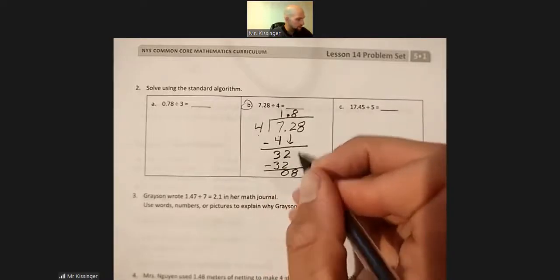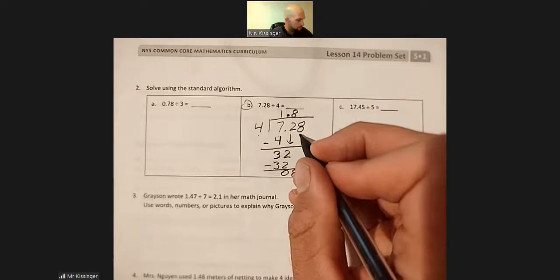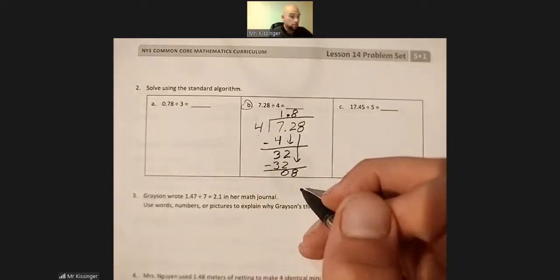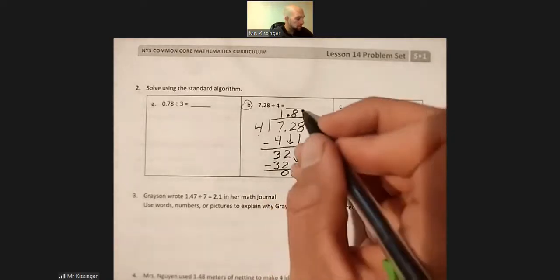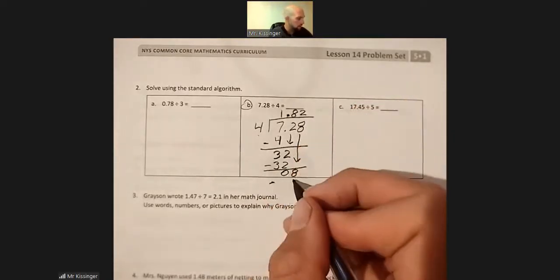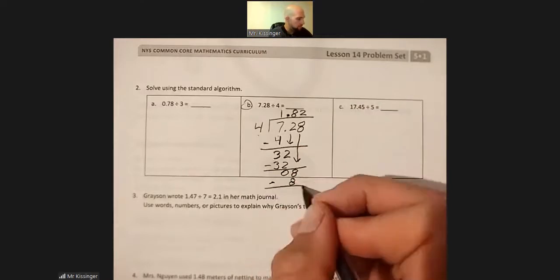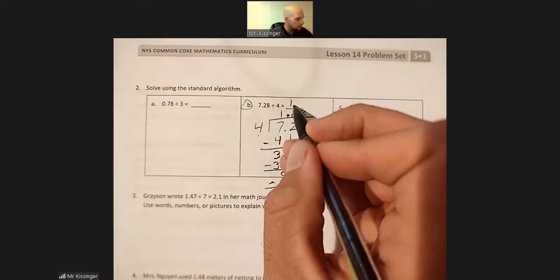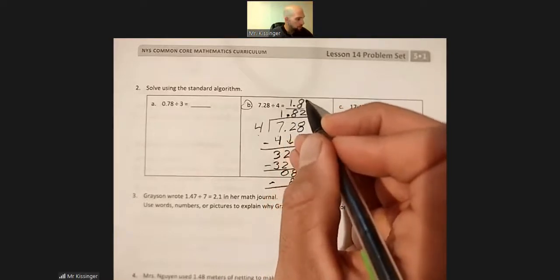Bring down our 8. And then 4 goes into 8 2 times. Subtract 8, and we get 0. So our final answer would be 1 and 82 hundredths.